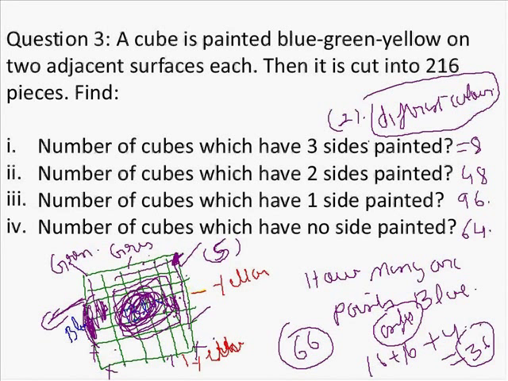So 9, 5, sorry, 5. And all this will be 5, 6, 11. So I'm thinking everybody was getting the answer wrong. The answer is 16.